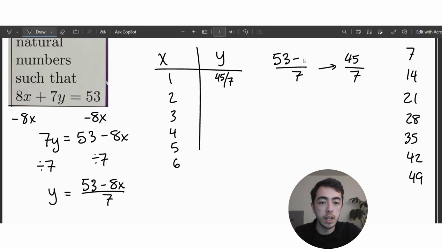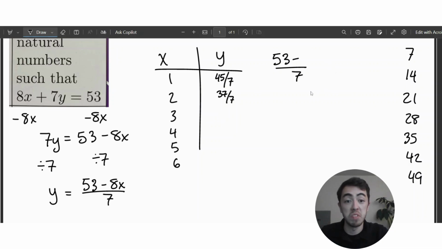From this point, I'll just try x equals 2. That makes this 8 a 16. So that means I'll subtract another 8 from this 45. I will get 37. And then 37 is running into the same issue, where it's between two different multiples of 7. So it's not going to give me a whole number, and I've got to keep looking for a different value for x.